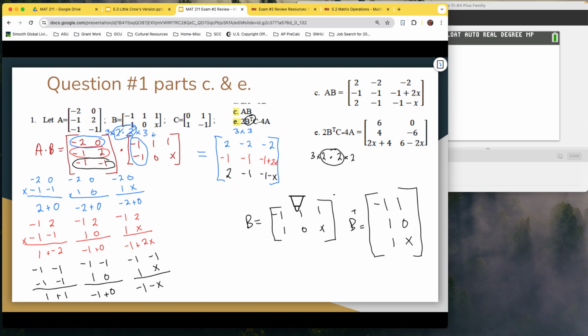If I try to do this first one, this is a 2 by 3, and if I try to multiply by a 2 by 2, these middle numbers don't match, so we can't multiply it. That's the only way we could have multiplied this, is with B transform. Okay, so concepts. Thanks.